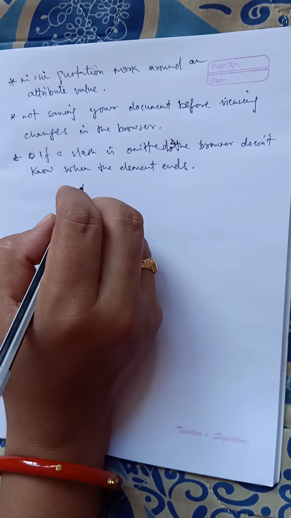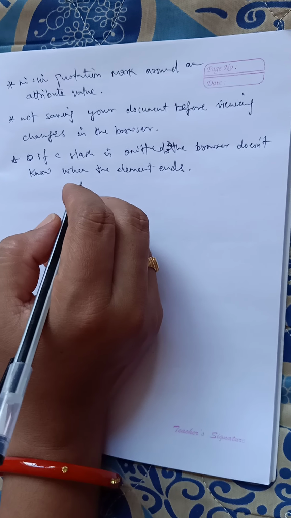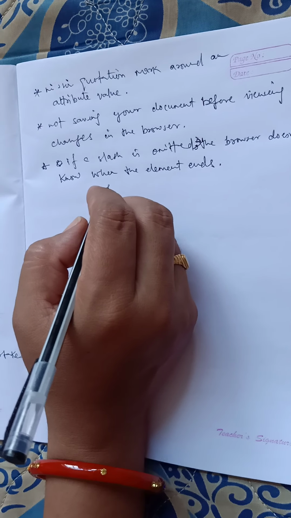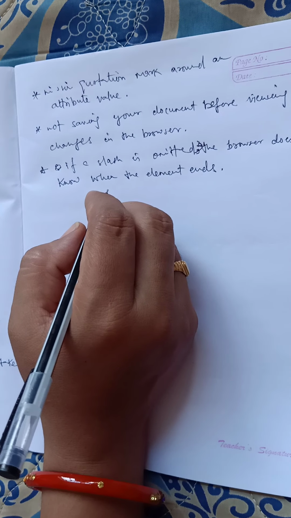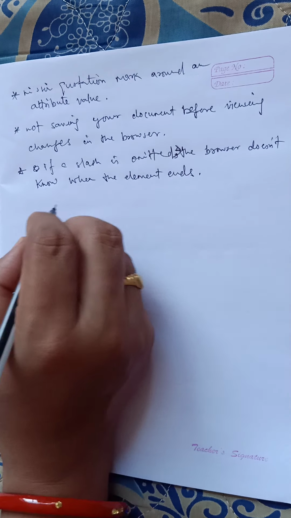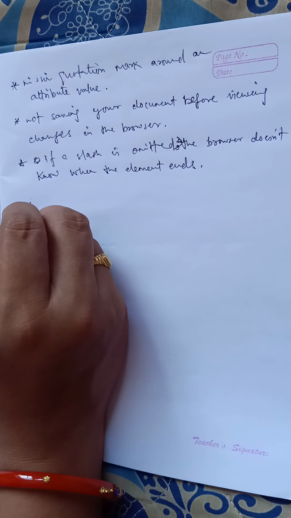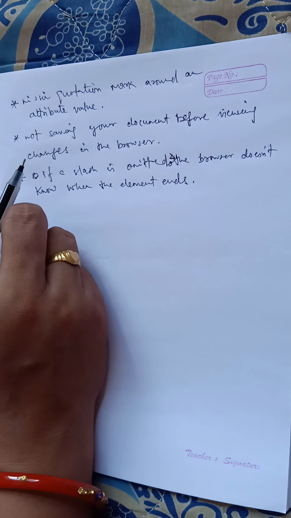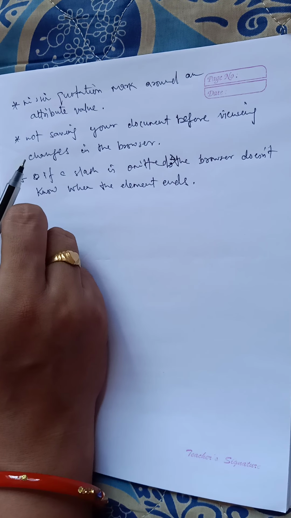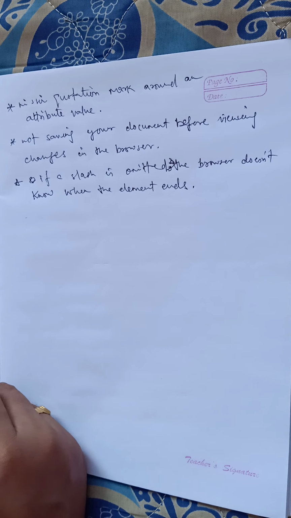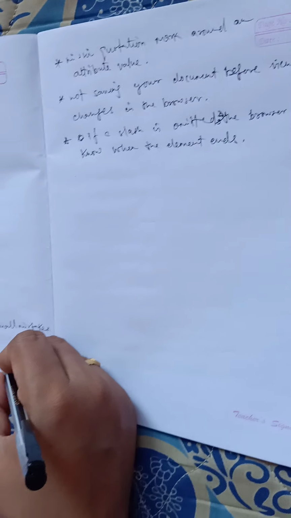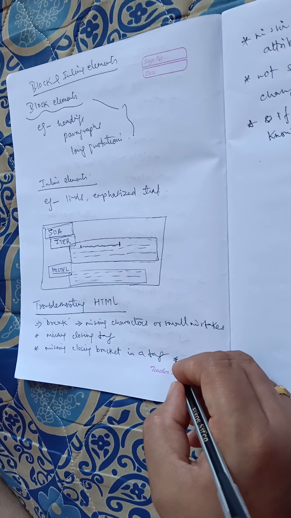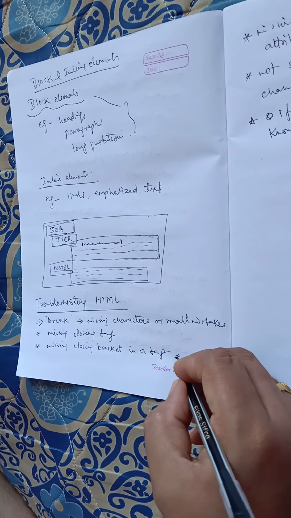Okay, similarly, a missing end bracket. Whenever there is a missing end bracket, then what will happen? The browser will interpret that all the following characters are part of the tag. So that happens in this case. Okay, this is the case I have already written. So that can happen here.